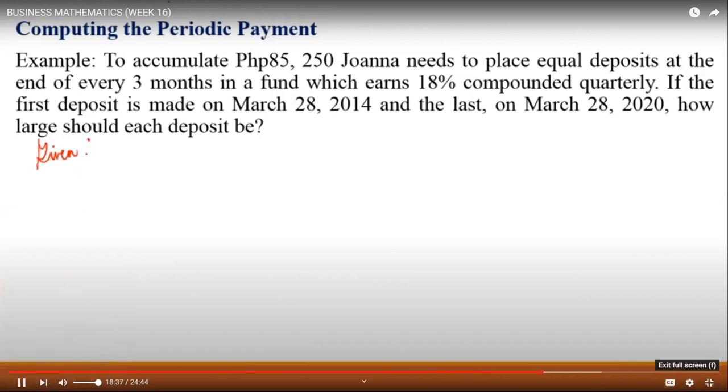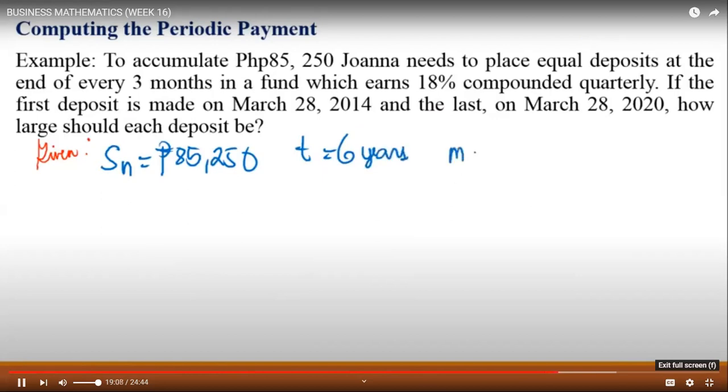We have here the future value, denoted as S sub n, which is equal to 85,250. And then the time: ilang taon niya dapat yan? So 6 na taon, di ba? So 6 years, from 2014 to 2020. That's why it is 6 years.